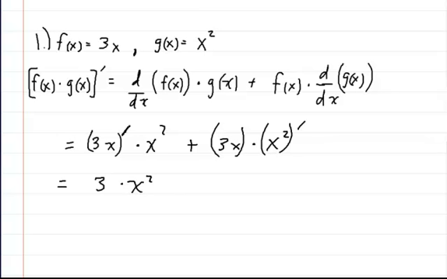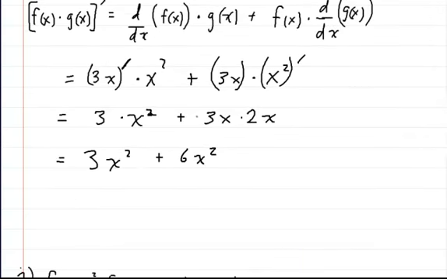And that's the derivative. You want to make sure it looks like a derivative and not like a 1. So it's 3 times x squared plus 3x, times the derivative of x squared, and that's going to be 2x. So this is going to be 3x squared plus 6x squared. And that's how you do the first one.